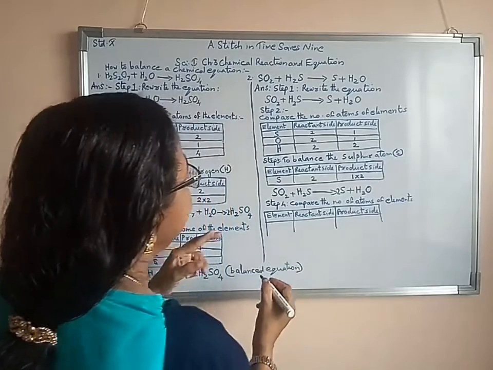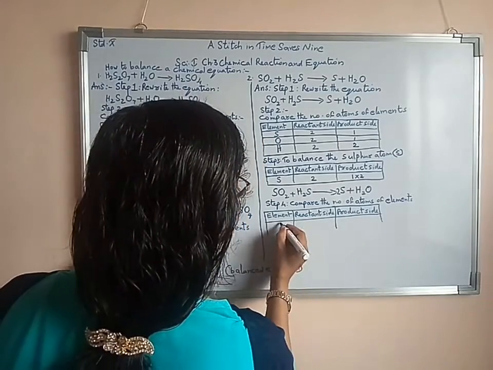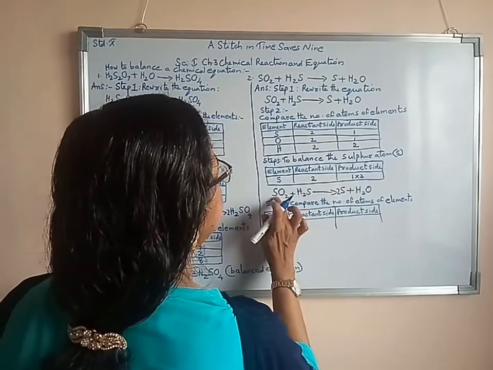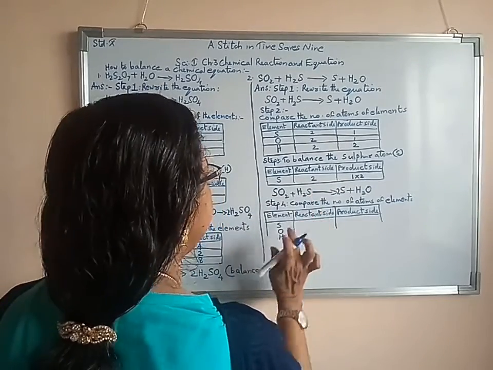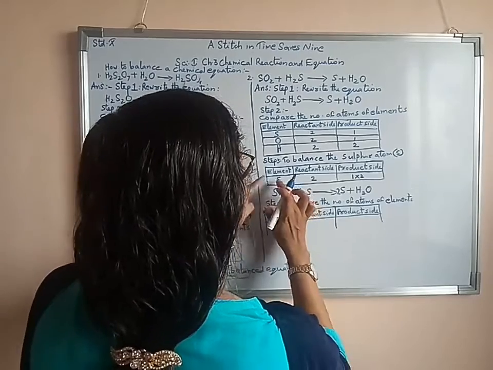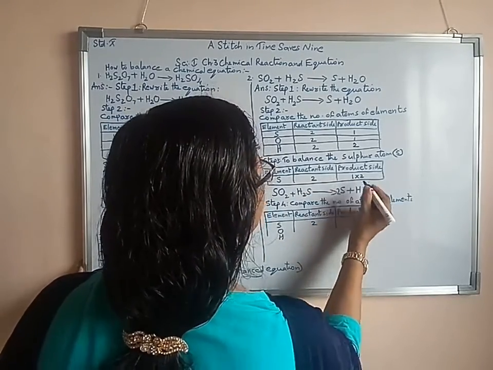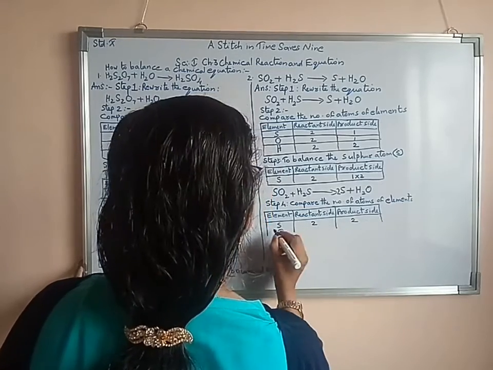Here the elements, which are same elements: sulfur, oxygen, hydrogen. Same you will see here. Now sulfur we already balanced. So reactant side sulfur 2, product side sulfur 2.